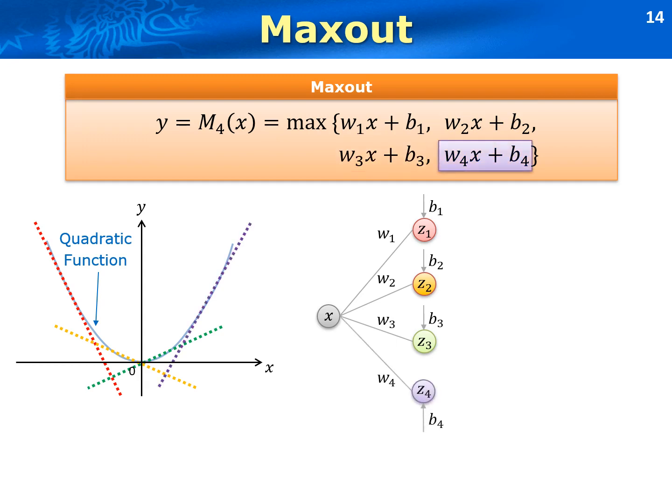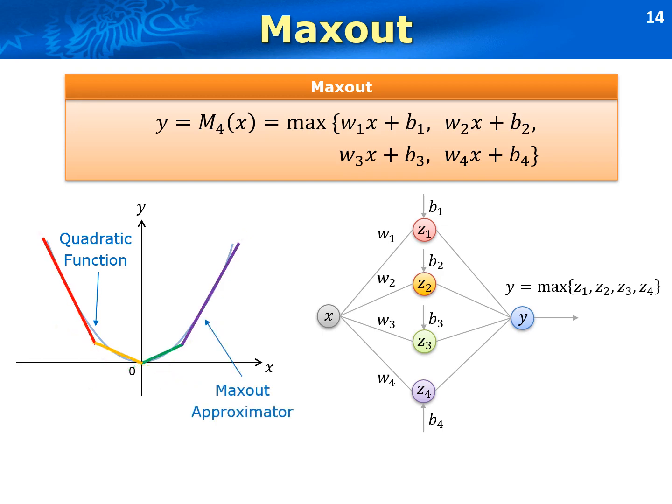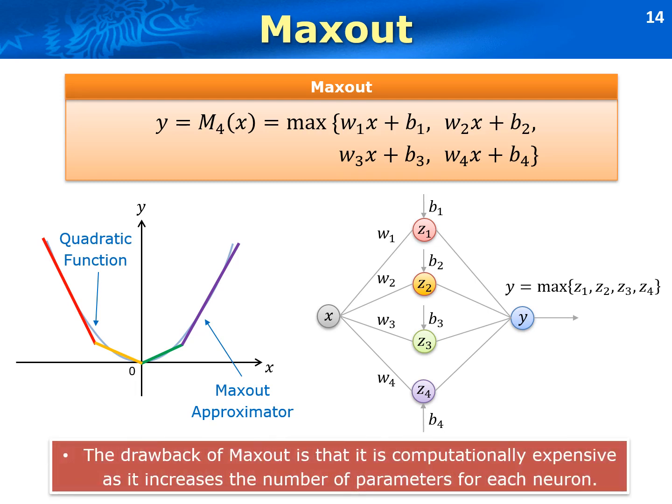After all the values of the hidden nodes are calculated, maxout returns the maximal value of Zi as the final output. From this example, we can see the drawback of maxout. When k is larger, despite its high accuracy, maxout is computationally expensive, as it will generate k additional intermediate hidden nodes, which increases the number of parameters k times for each output.